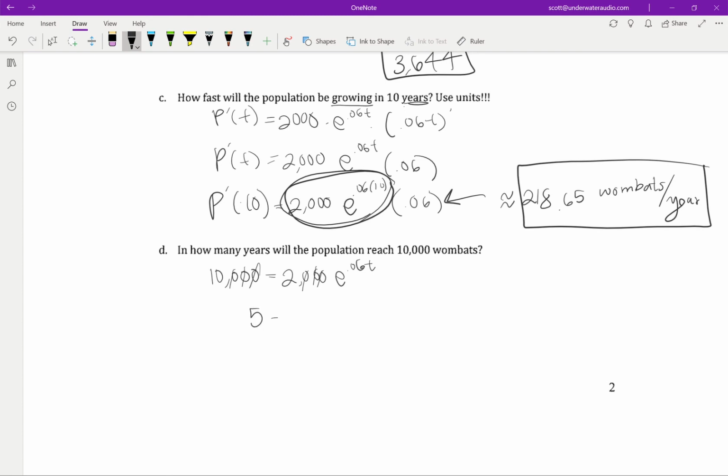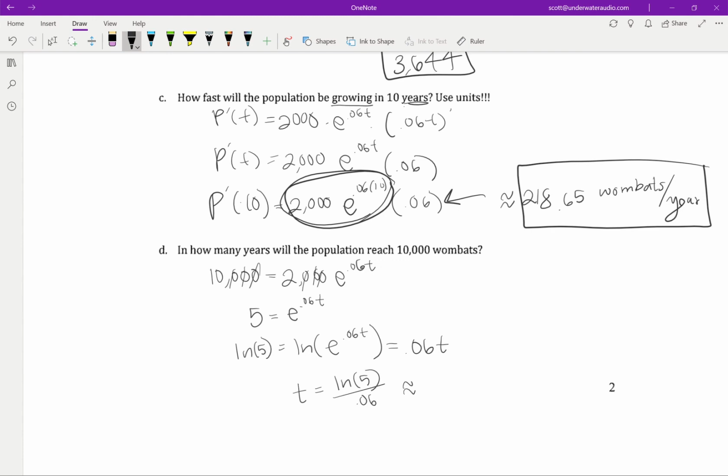I get 5 equals e to the 0.06 t. I'll take the natural log of both sides. Natural log and e are going to simplify to just be this exponent. Then I would divide by 0.06 and get that t equals the natural log of 5 divided by 0.06.